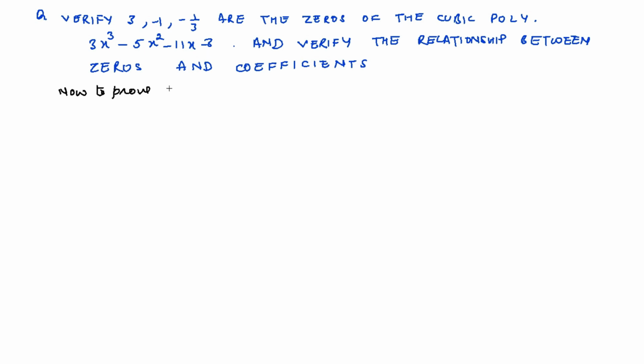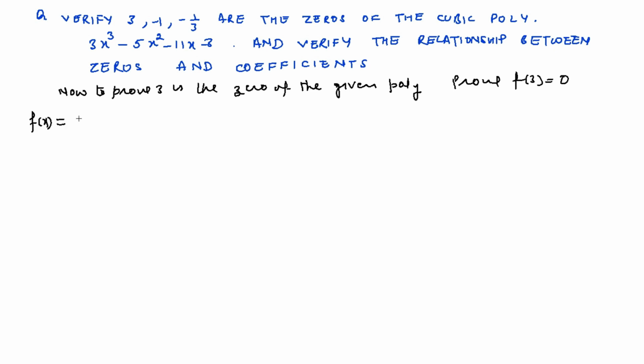Now to prove 3 is a zero of the polynomial f(x) = 3x cube minus 5x square minus 11x minus 3, prove f(3) is equal to 0. Now f(x) is 3x cube minus 5x square minus 11x minus 3. Instead of x, write 3. So f(3) is equal to 3 into 3 cube minus 5 into 3 square minus 11 into 3 minus 3.